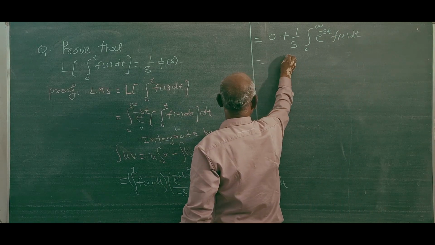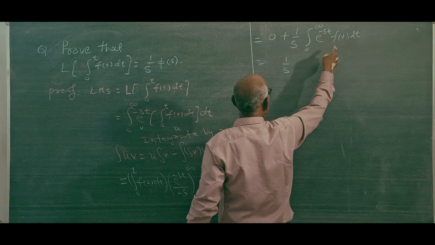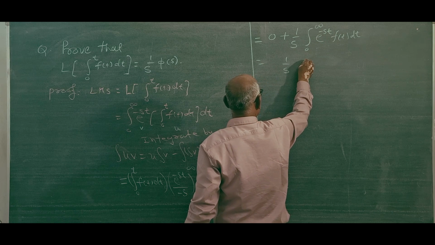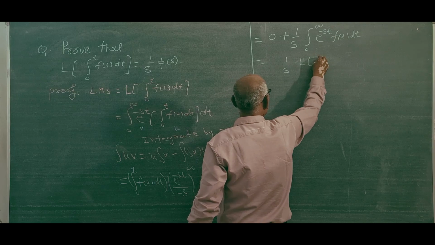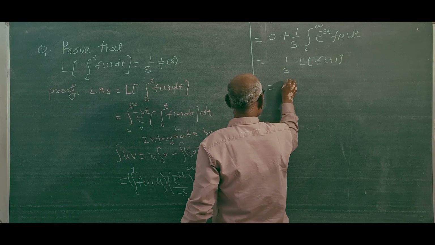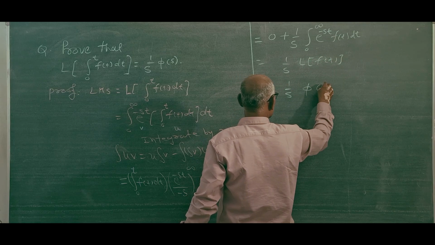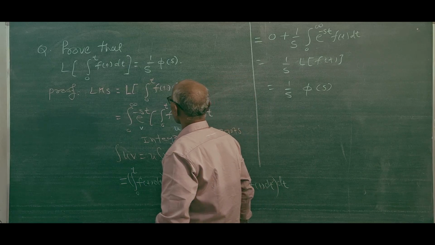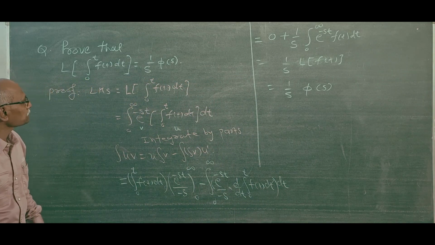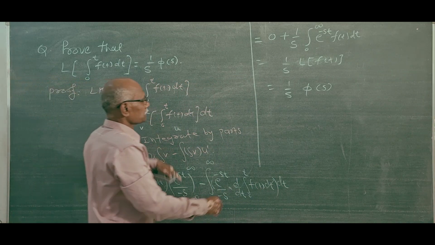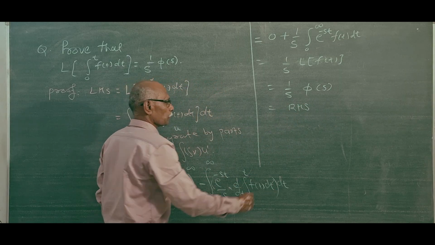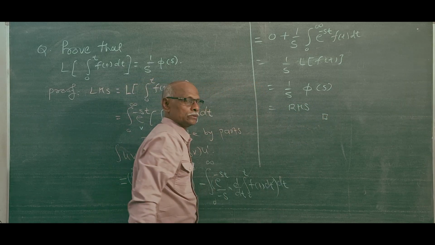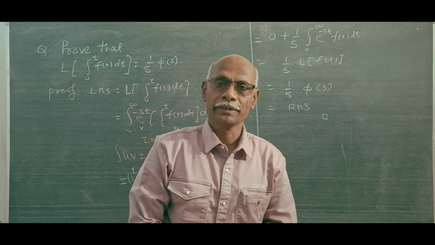Which gives 1 upon s times the Laplace of f(t), which is the same as 1 upon s into phi s, because our assumption is that the Laplace transform of f(t) is phi s. We started with LHS and this is the RHS. Therefore this result is proved. This is called Laplace of integration.